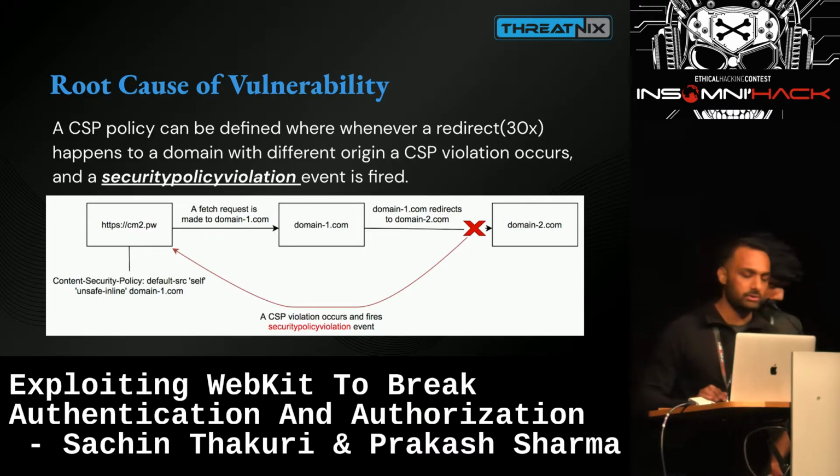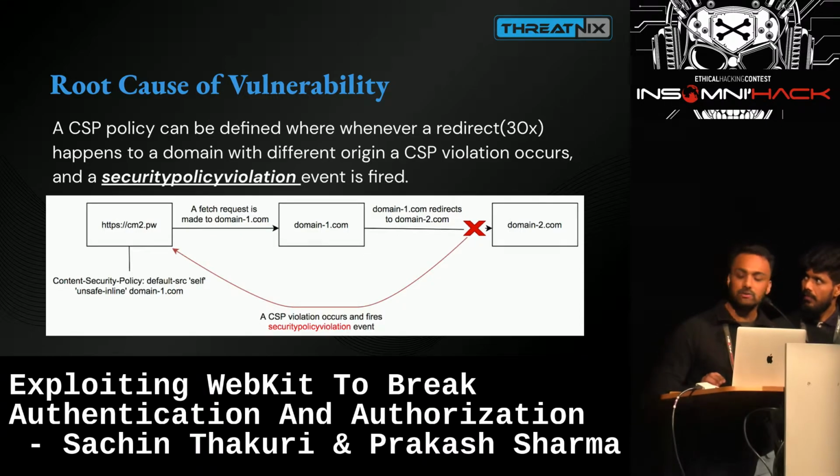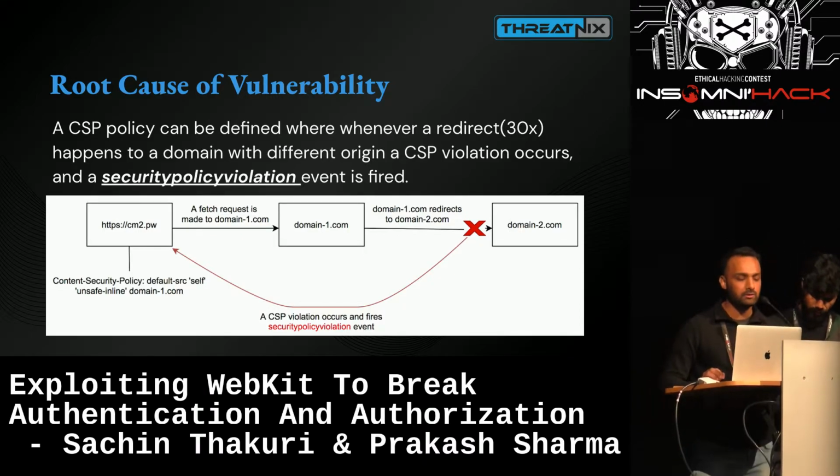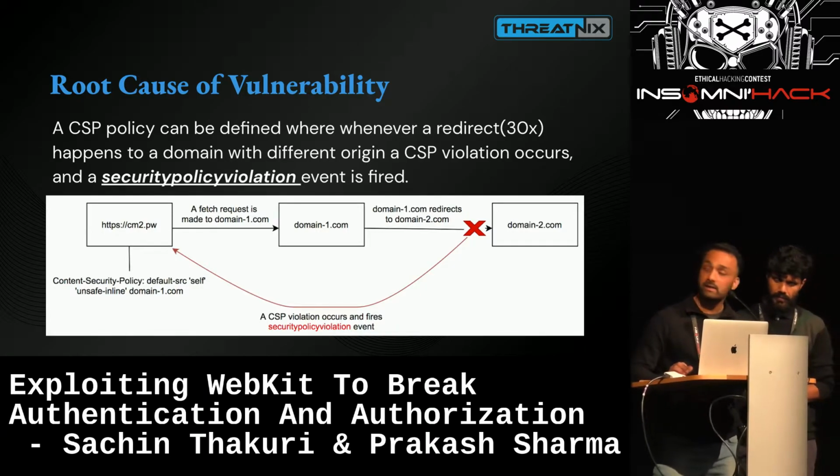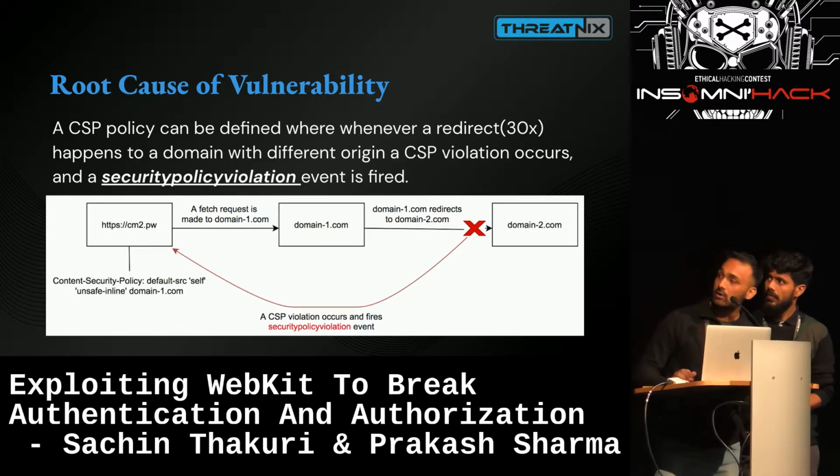Now, let's discuss the root cause of the vulnerability. We can define a CSP policy in such a way that whenever a redirect happens to a domain with a different origin, which is also commonly known as cross-origin, a CSP violation occurs and a security policy violation event is fired. As you can see in this figure, our domain cm2.pw with the described CSP policy makes a fetch request to domain1.com.